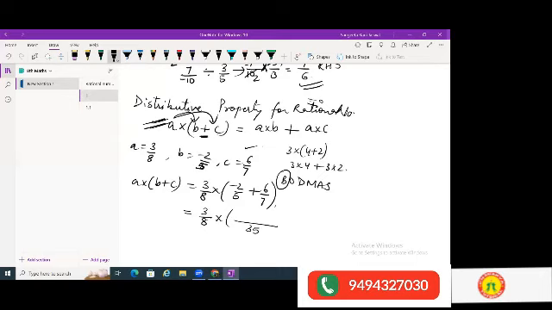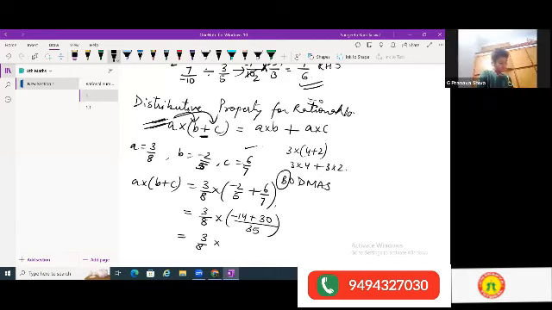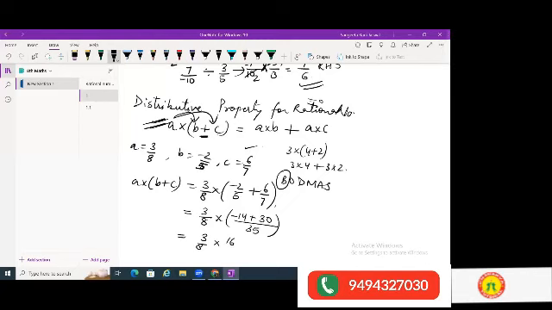So that's 35. So this becomes minus 14 plus 30. Yes, Varshit, what happened? So this becomes 16 by 35.